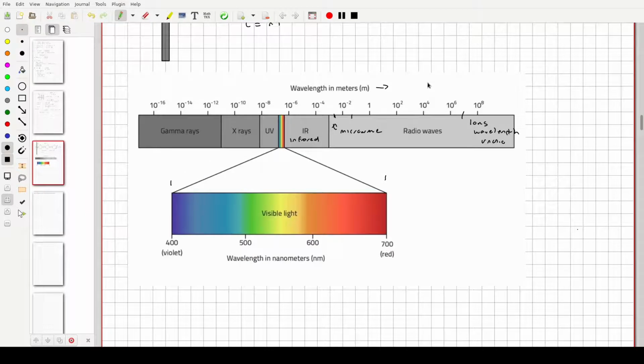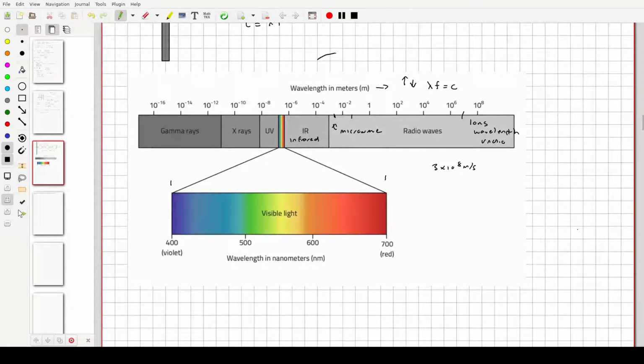Now look, lambda times f is equal to c. And in all of these waves right here, unlike mechanical waves, all of these waves have the same speed. In a vacuum, it's 3 times 10 to the 8th meters per second. So, if I were to make lambda big, and the right-hand side stayed constant, f would have to get smaller.